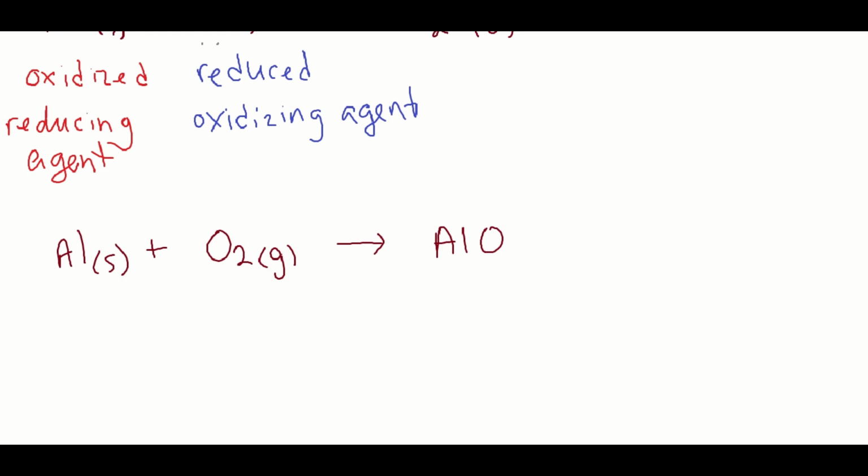For aluminum oxide, aluminum forms 3+ cations, and oxygen forms 2- anions. You can crisscross the numbers on the charges to find the ratios that they'll combine in. So the formula for aluminum oxide is Al2O3, and it's also going to have a high melting point, as most ionic compounds do.